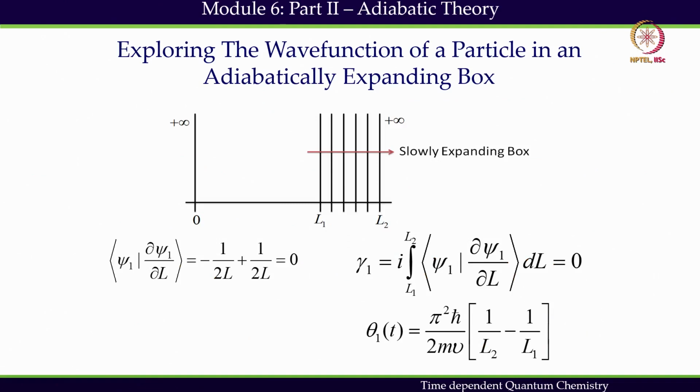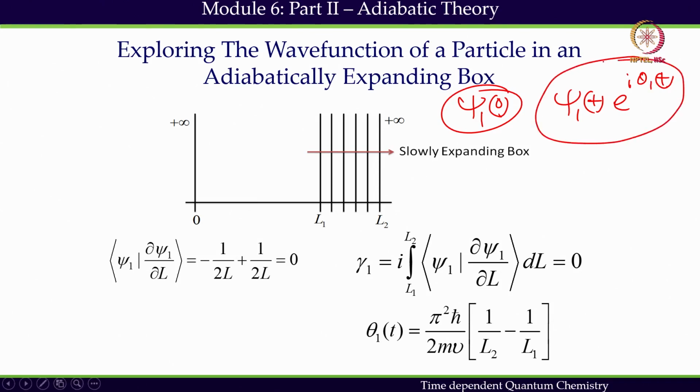So what we have observed is summarized here. Initially the wave function was this, finally the wave function would be this multiplied by e to the power i theta 1 t, because we started with the ground state wave function, and gamma vanishes.